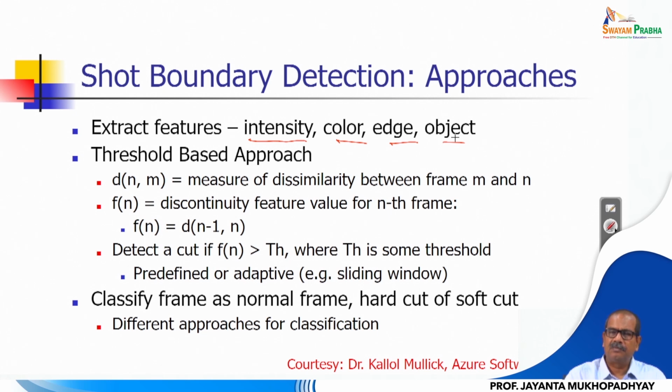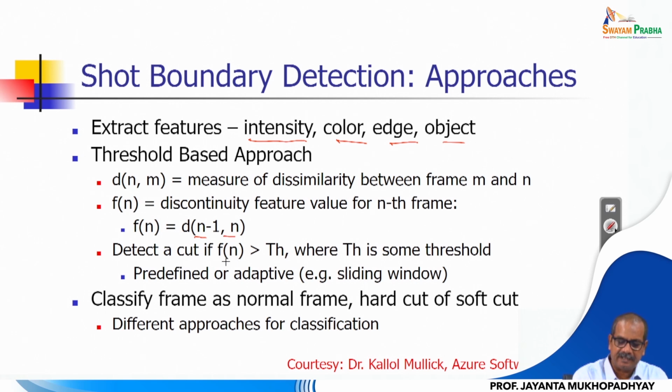So you define a distance between these two measures or feature vectors, and you consider this distance as a measure of transition between consecutive frames.